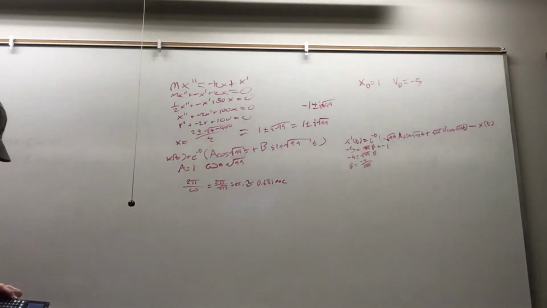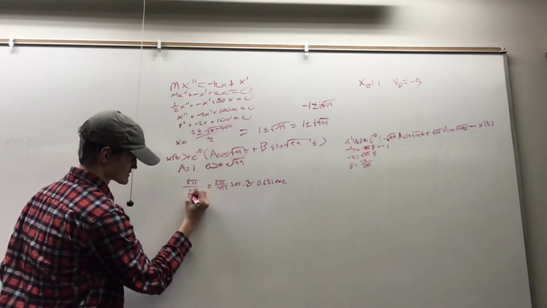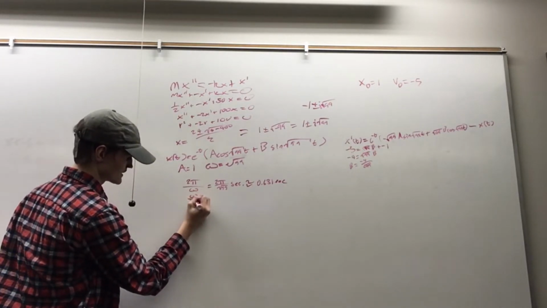And then for the frequency, that's just going to be 1 over the period. So that's going to be omega over 2 pi.